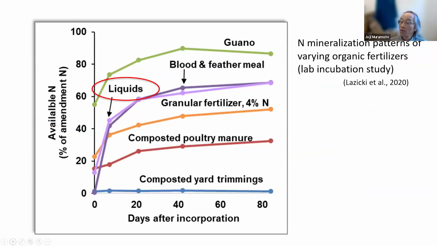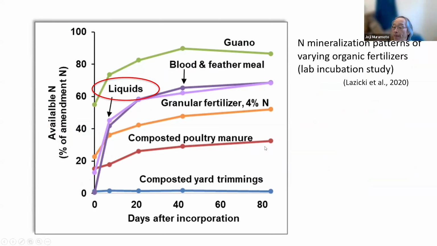Now, let's talk about the organic liquid fertilizer. Nitrogen mineralization patterns of varying organic fertilizers. This chart shows the mineralization rates of different kinds of organic fertilizers in a lab incubation study.